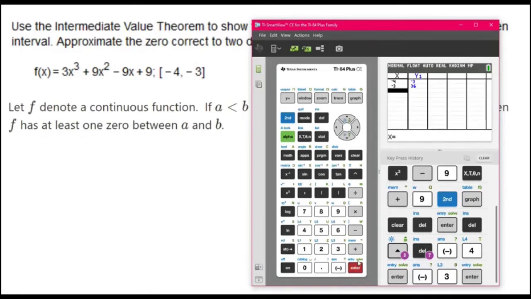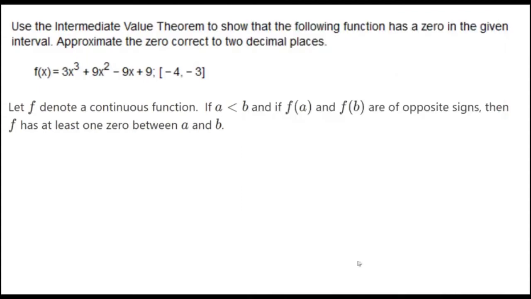The y value at -4 is -3, and the y value at -3 is 36. So f at -4 is -3, and f at -3 is 36.